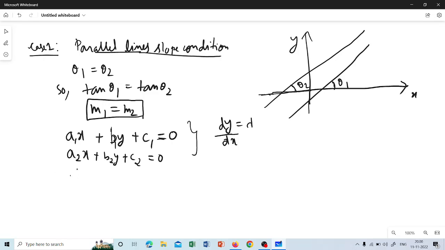Those who are aware of differentiation can derive such an expression. I am not revealing it, you can just try doing it. I will do it in some other video. I will continue with case 2: perpendicular lines.